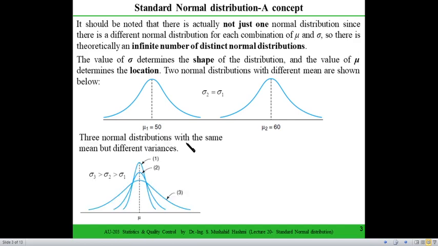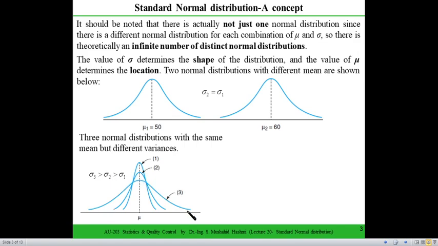Let's say we have normal distributions with the same value of mean but different standard deviations or variances. For example, the first distribution has a small variance, the second one has slightly higher dispersion, and the third one has the maximum dispersion, higher than 1 and 2.